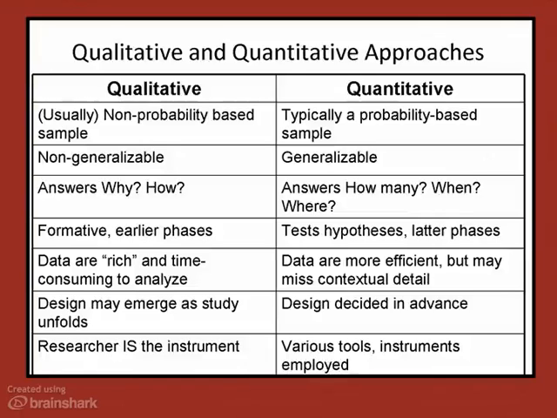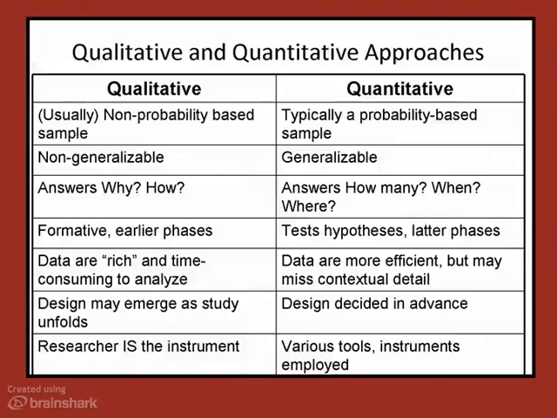In quantitative work, you have a hypothesis, you're testing it, you have identified variables in most cases. In qualitative work, you're really looking at a holistic approach in terms of depth, context, meaning. You're looking at why and how. The objective is not to generalize the results to a population.